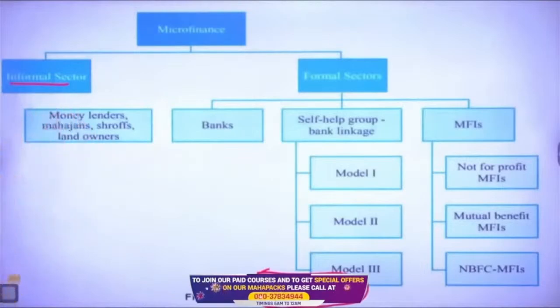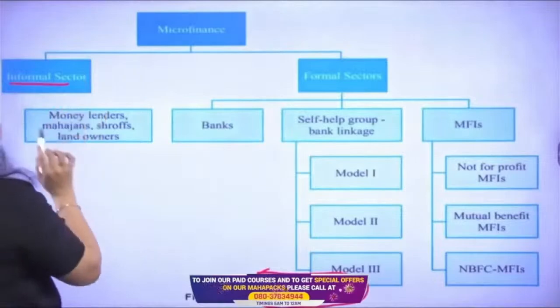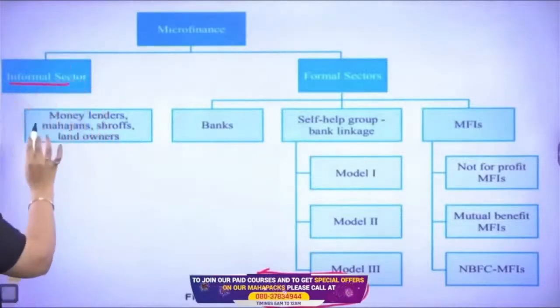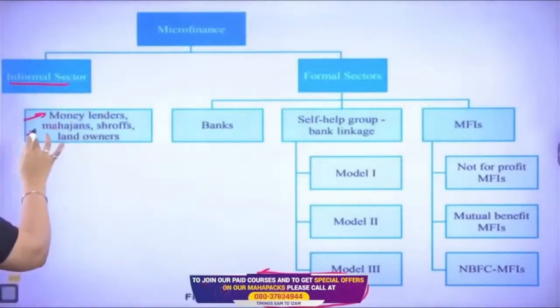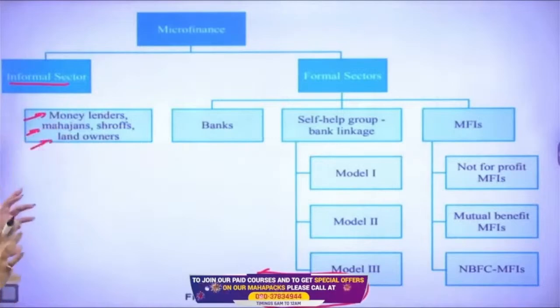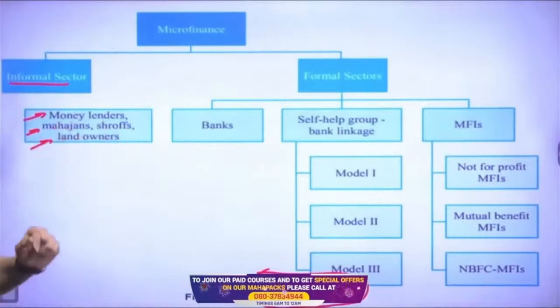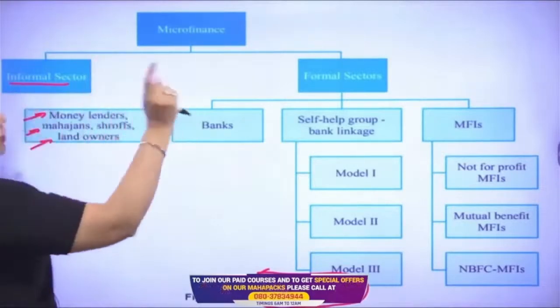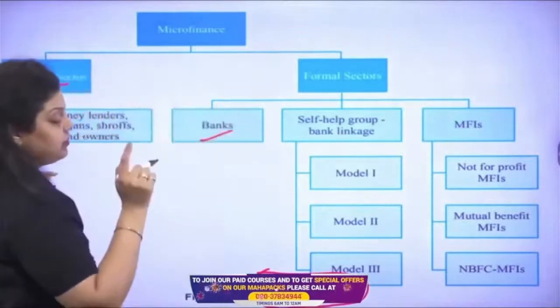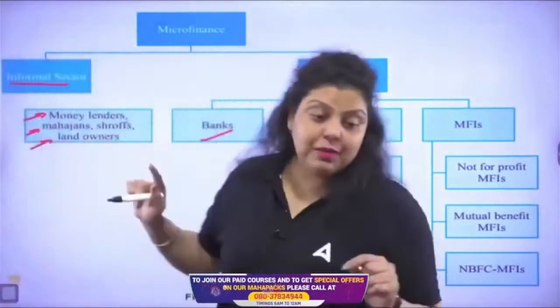Formal sector, proper regulation, guidelines, standards will be given. In the informal, you will find money lenders, Mahajan, shops and landowners. They do not have any kind of guidelines. They do not have any standard way to provide financial services. But when we talk about the formal sector, we have banks.